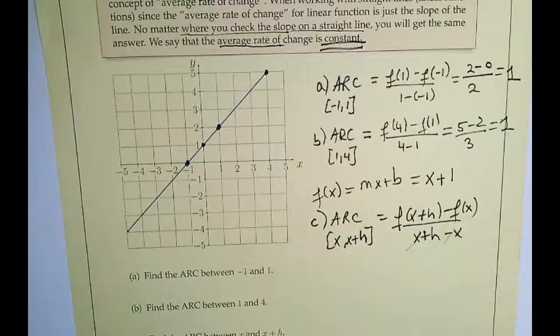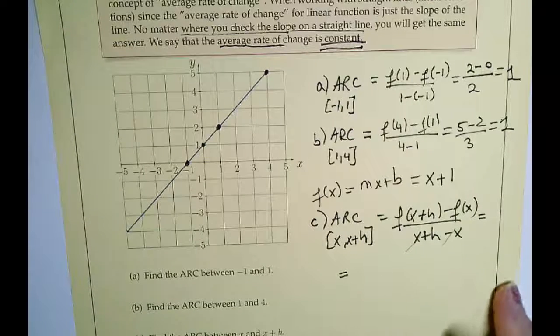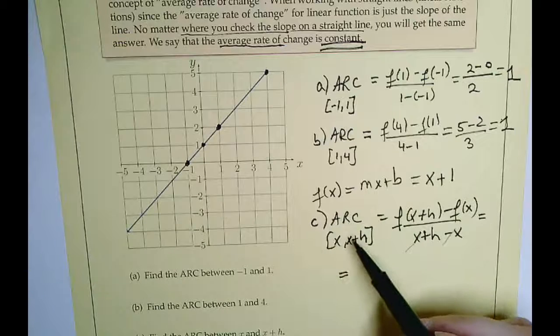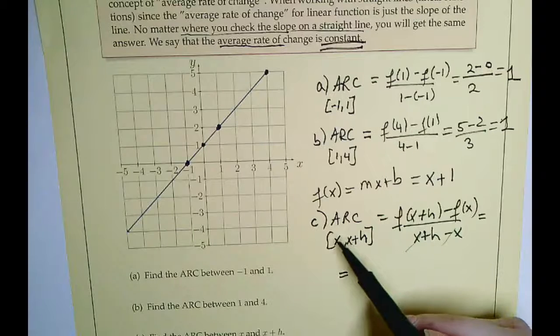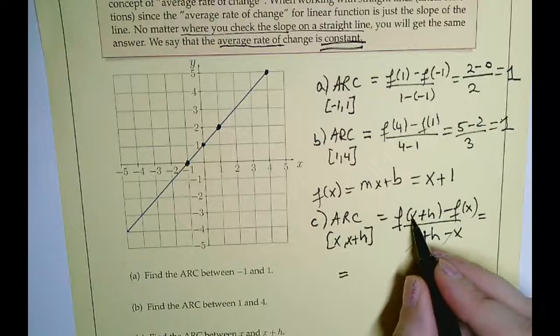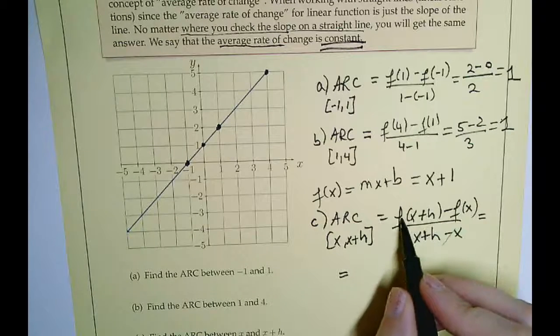And then you learned last time that this is called the difference quotient. So the difference quotient is just the average rate of change between x and a nearby point, adding a small quantity h to the previous point. So let's calculate. So this will be the function evaluated at x plus h.